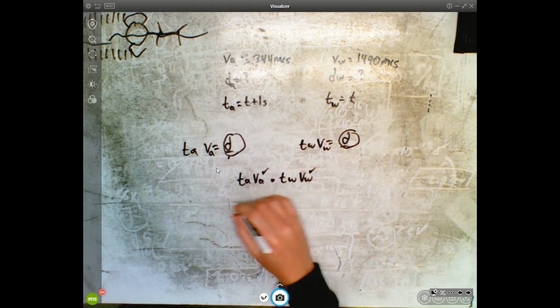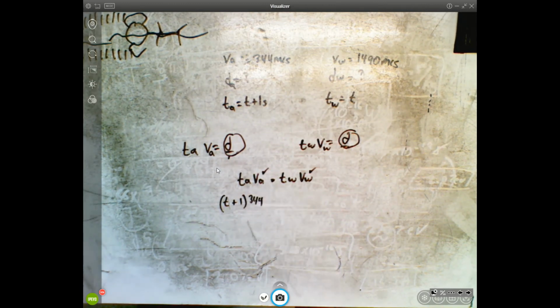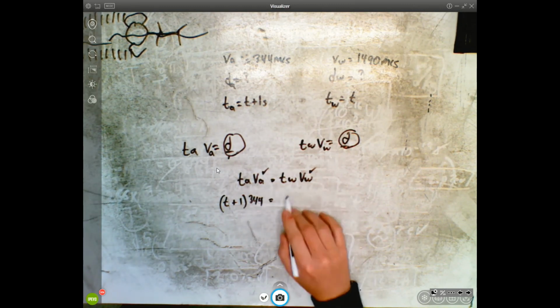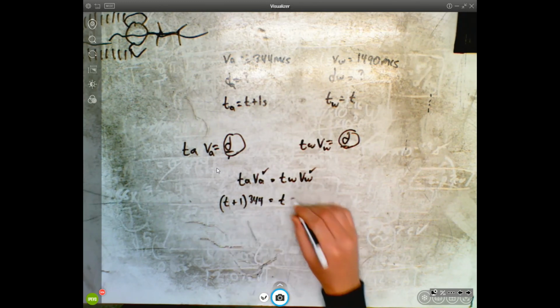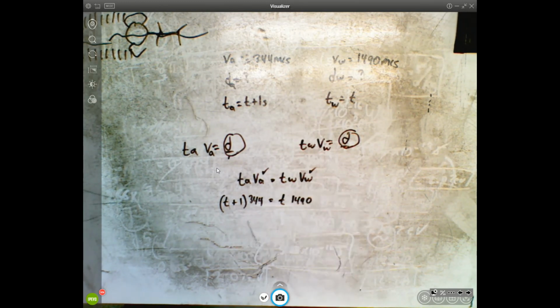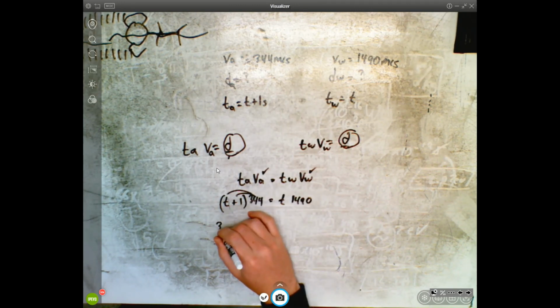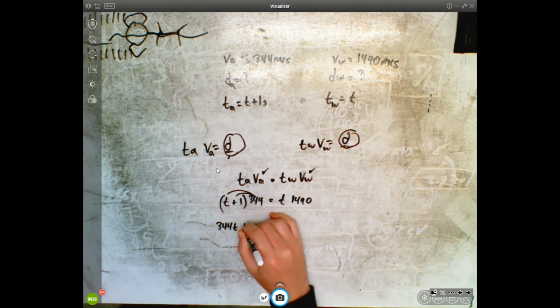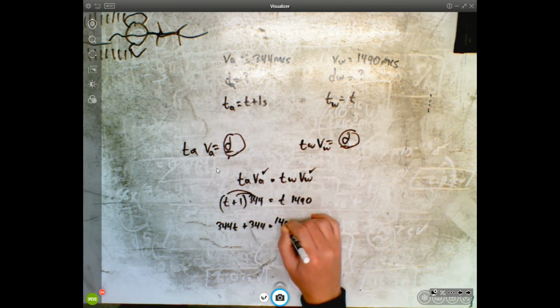The time in air is equal to t plus 1 second, and then the velocity in air is 344. And I'm just going to leave units off for now because it just makes it confusing. The time in water is just the regular time, not the 1 second. And then the velocity in the water is 1490. So I can factor this, and I can get 344t plus 344 is equal to 1490t.